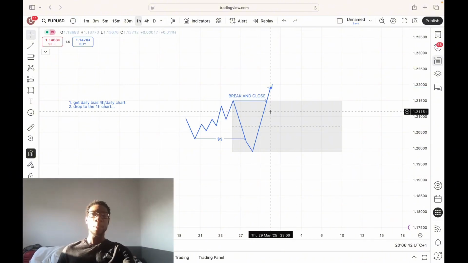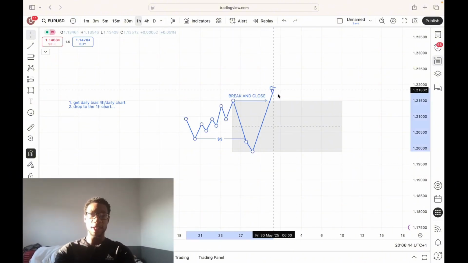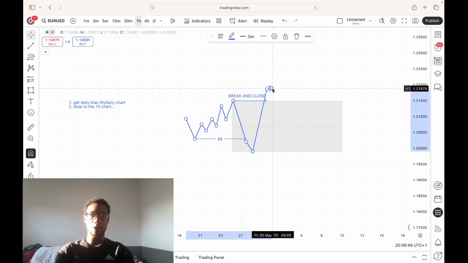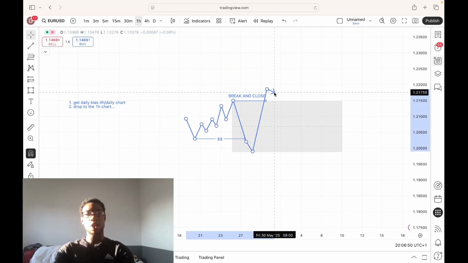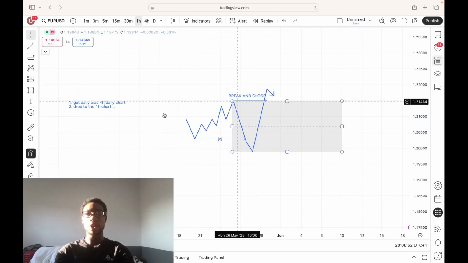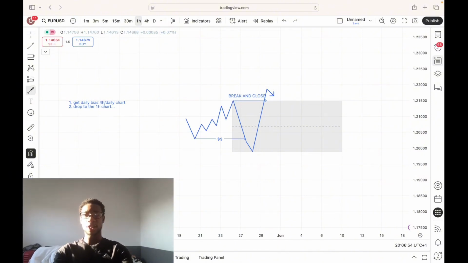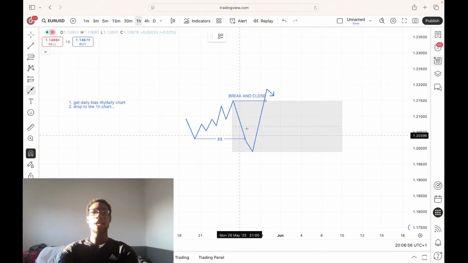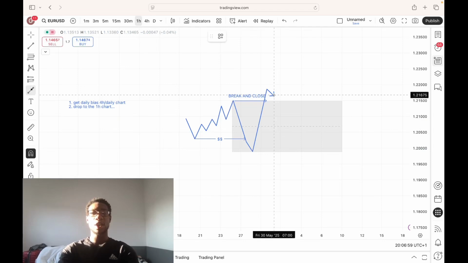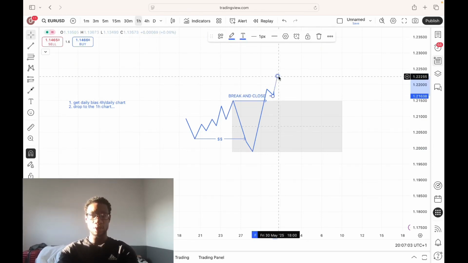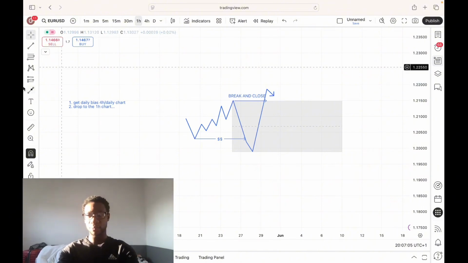Once we've done this, at some point, who knows when and who knows where, the market's going to carry on as it does. So we've taken this high and we've broken and closed above it. At some point the market is going to return.